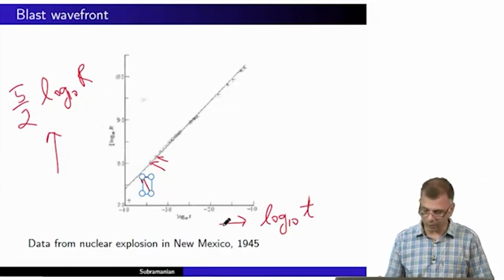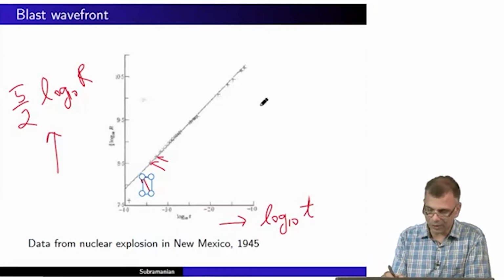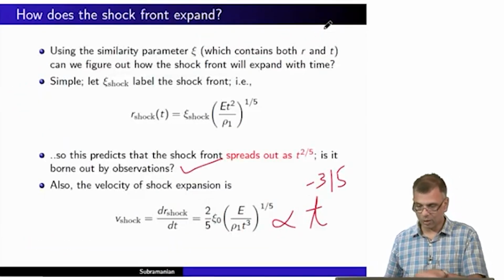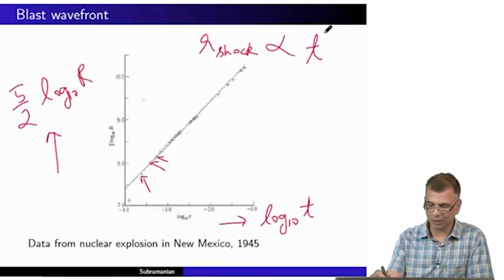Now, why are we doing this? Remember that the prediction was that r shock would go as t raised to 2/5.